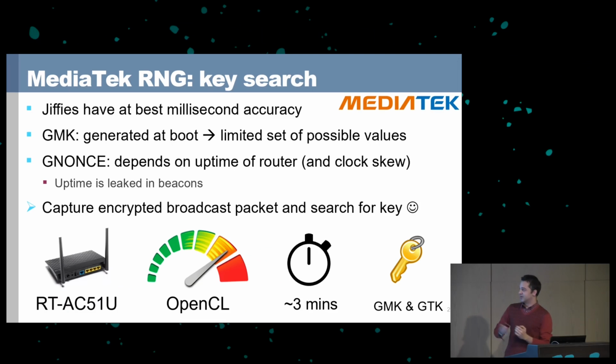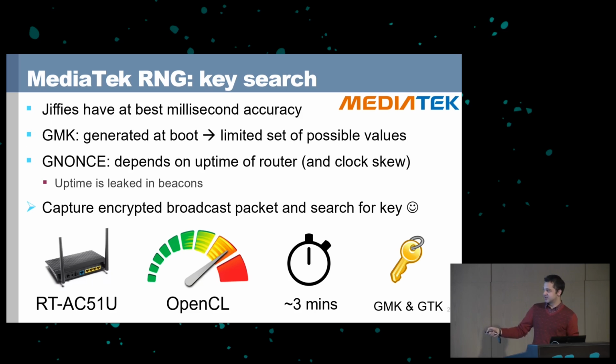This is assuming the router also has an uptime of 1 year. If the uptime is around 1 year, then there is also a lot of clock skew, meaning predicting the G-nonce is harder. If I'm going to demo the attack in a few minutes, then I know that the uptime was very low, meaning I can reduce this number even further because there hasn't been that much clock skew, meaning predicting it will be easier.